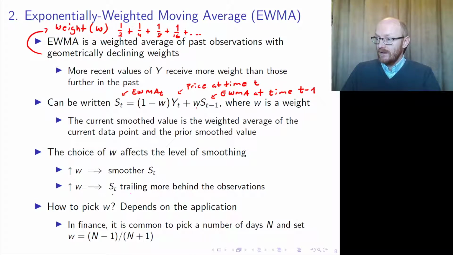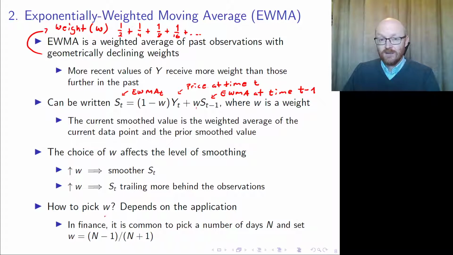Okay, but the higher the weight on the prior smooth value, the smoother the exponentially weighted moving average is, and the longer it takes for it to actually react to signals in the market.